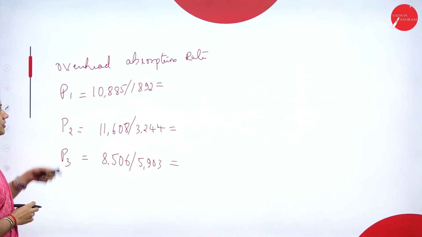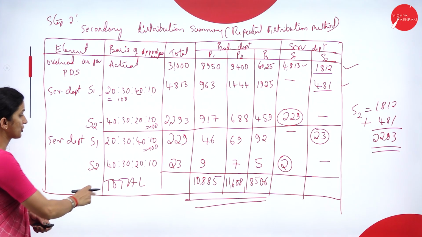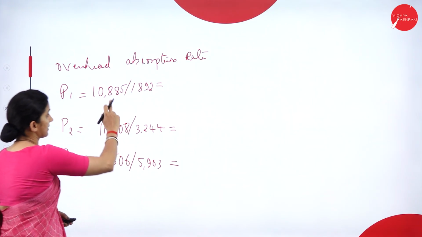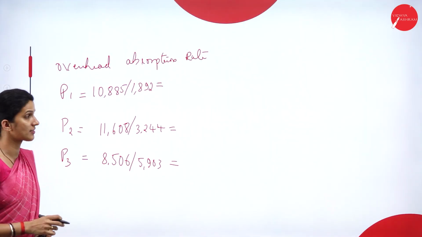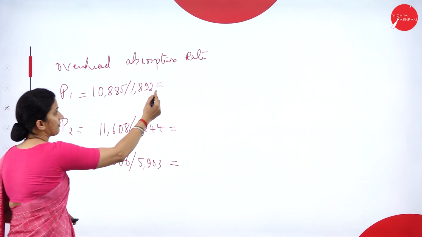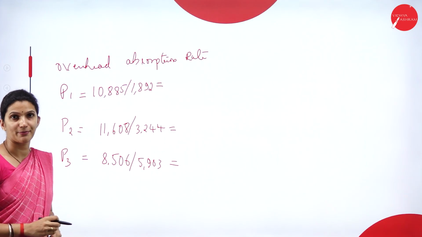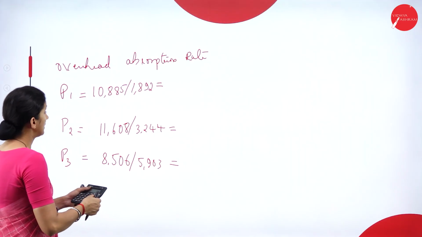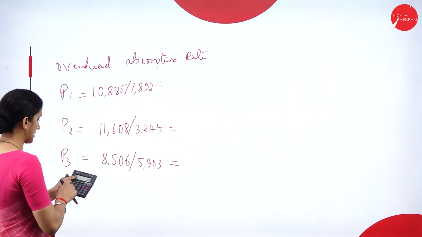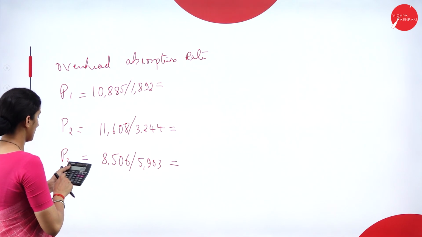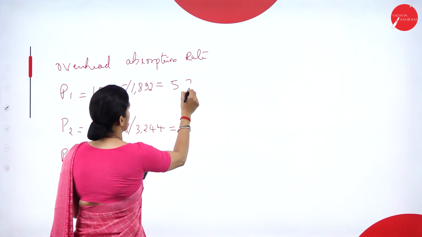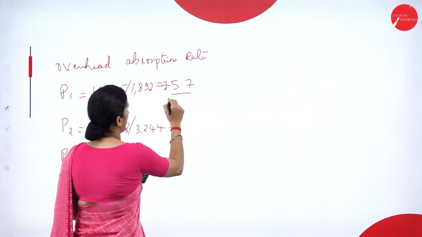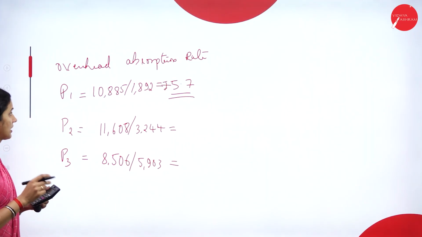So the absorption rate calculation is the total overhead as per the secondary distribution divided by the number of working hours. So the productive working hours are this much. If you divide this, we will get the overhead absorption rate. So for production department P1, 10,885 divided by 1,892, which is rupees 5.7, the overhead absorption rate for P1.